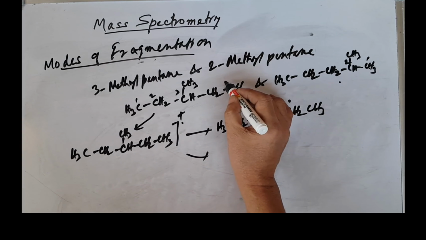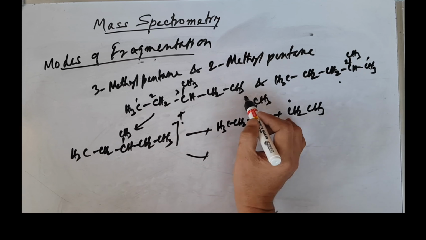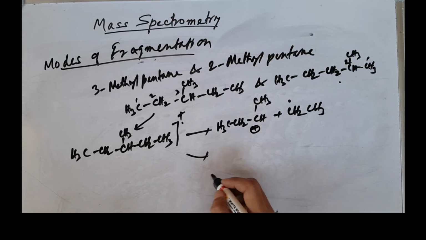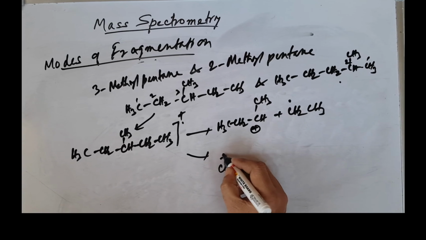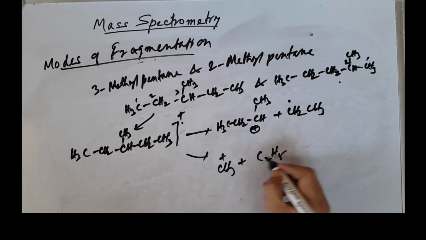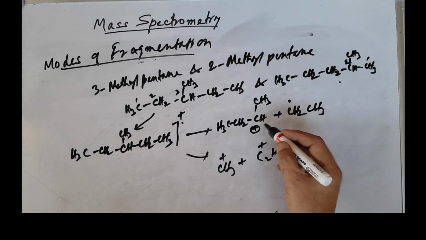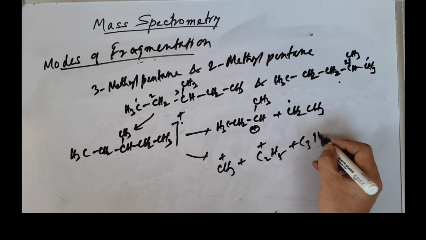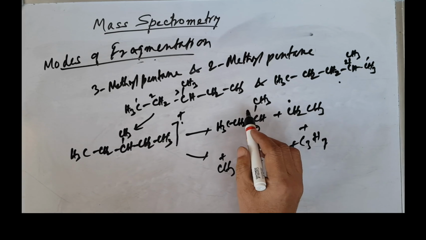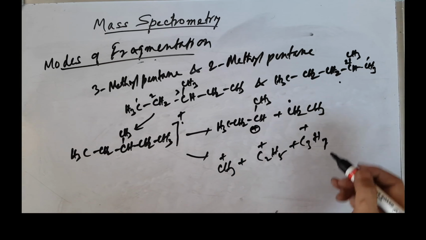So fragmentation can go here, and then here, so you get more fragment ions. You can have fragment ions CH3 positive, C2H5 positive, C3H7 positive, and C4H9.